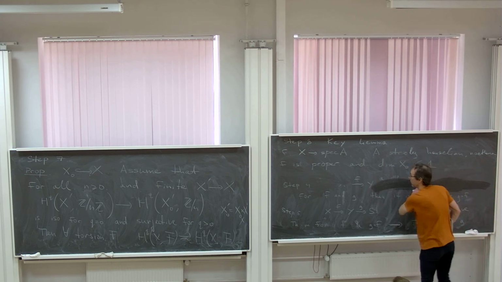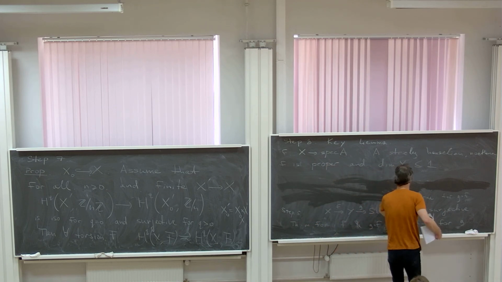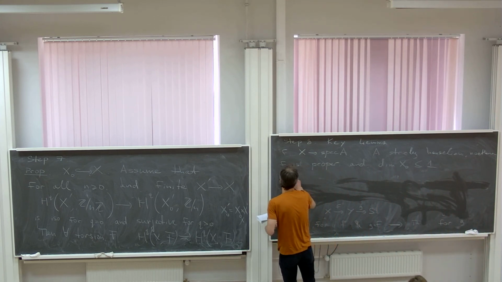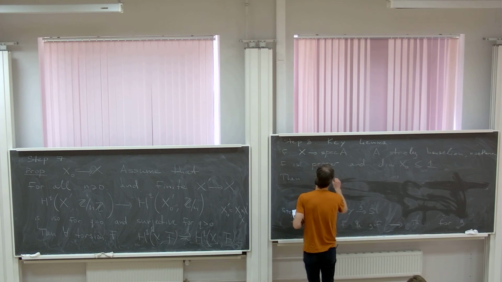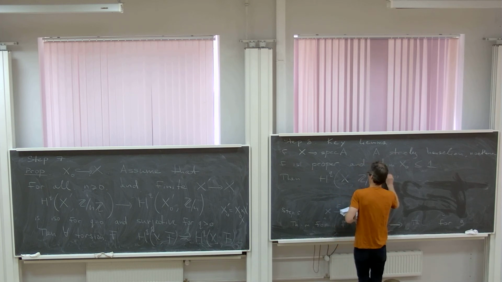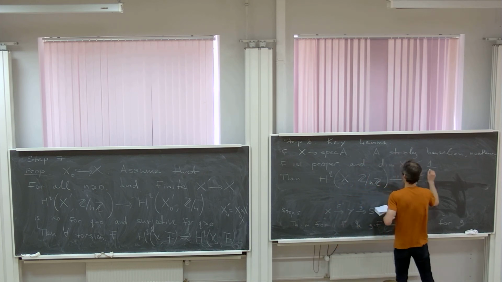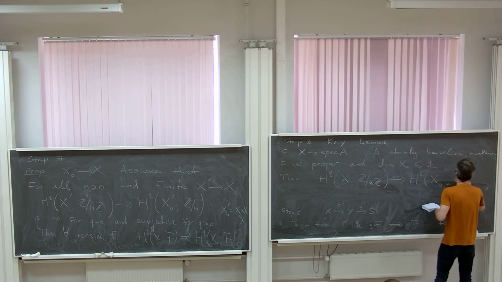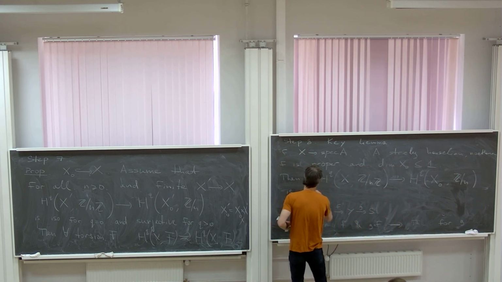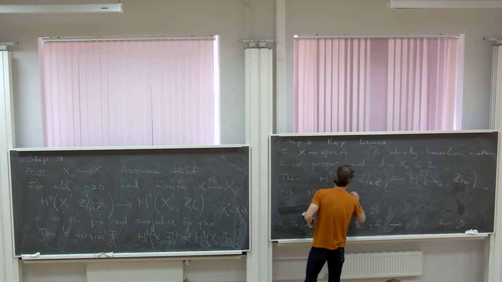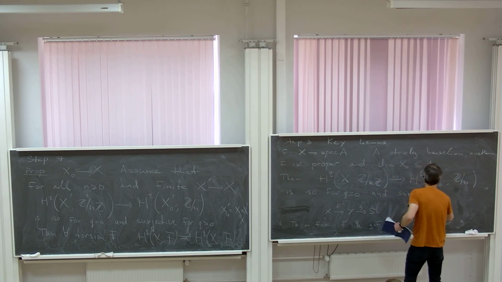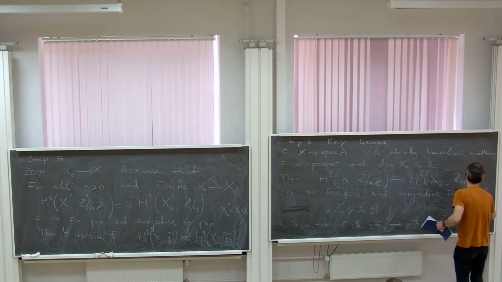Then the restriction map from homology of X with Z mod n coefficients to homology of X0 with Z mod n coefficients is an isomorphism for q equals 0 and surjective for q greater than 0.